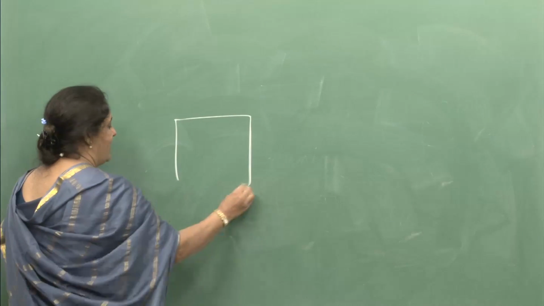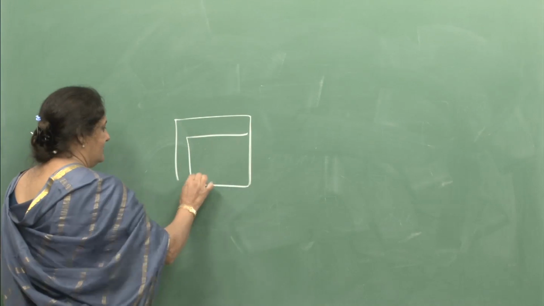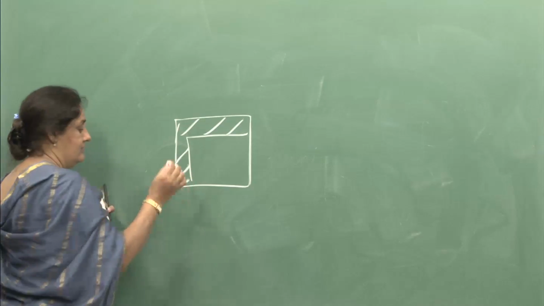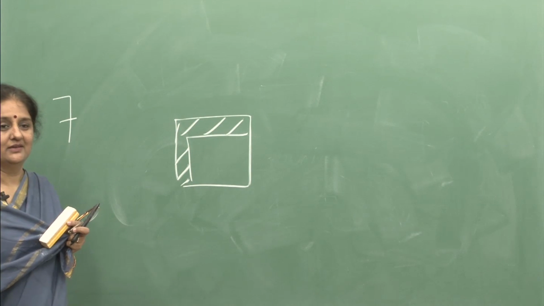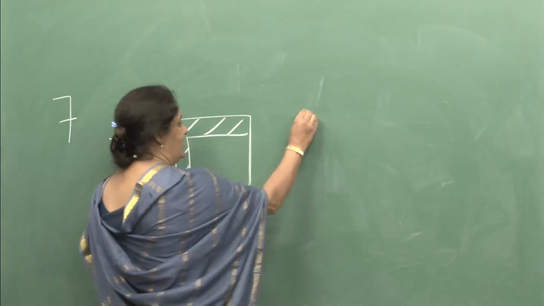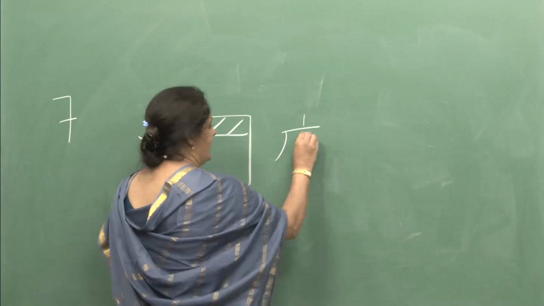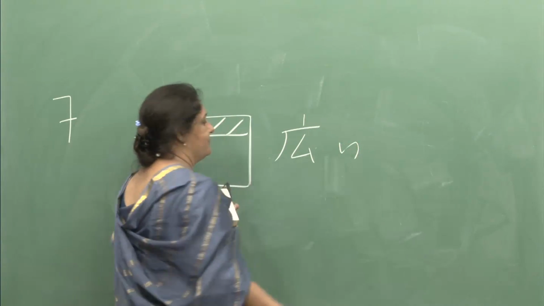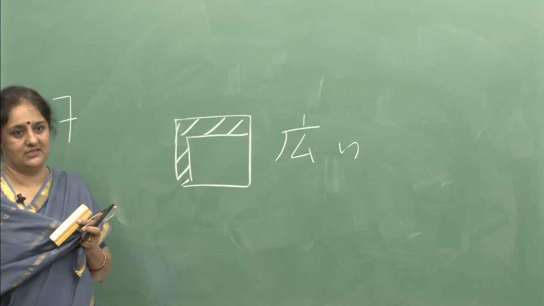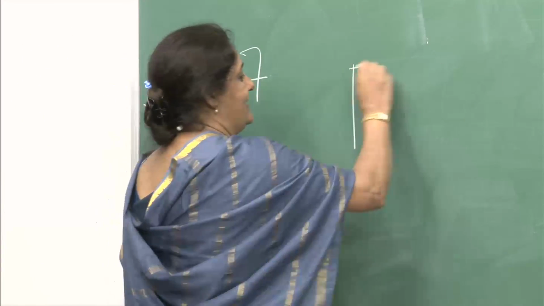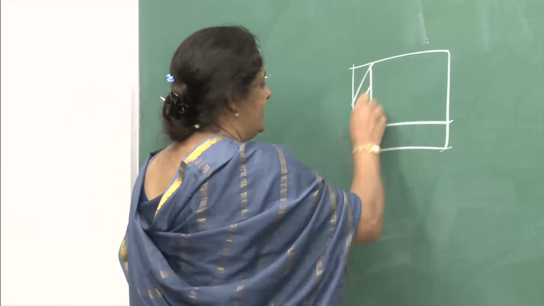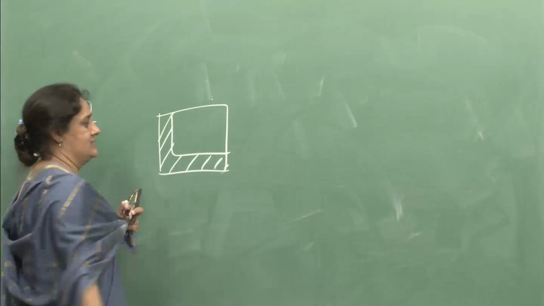You could also have the radical here in a kanji character. Now, what would that be? Well, 1, 2, 3 and hiroi, that is spacious. You can also have the character in this place.